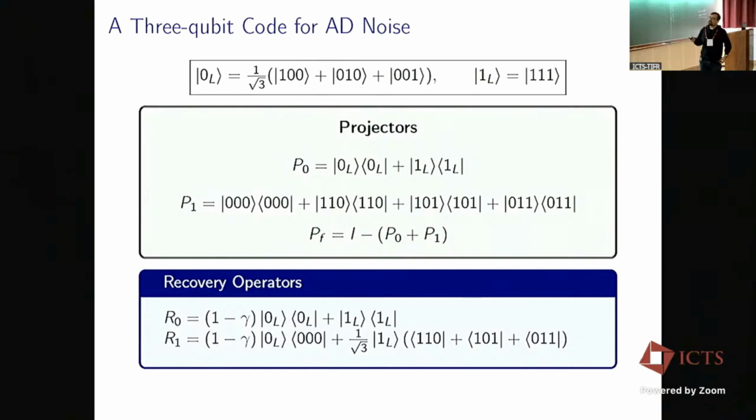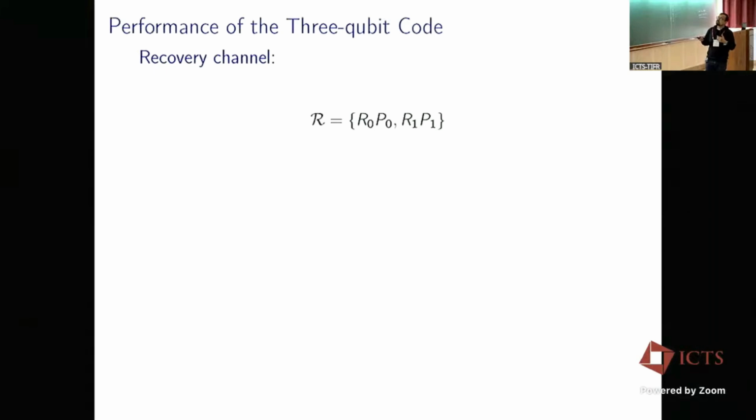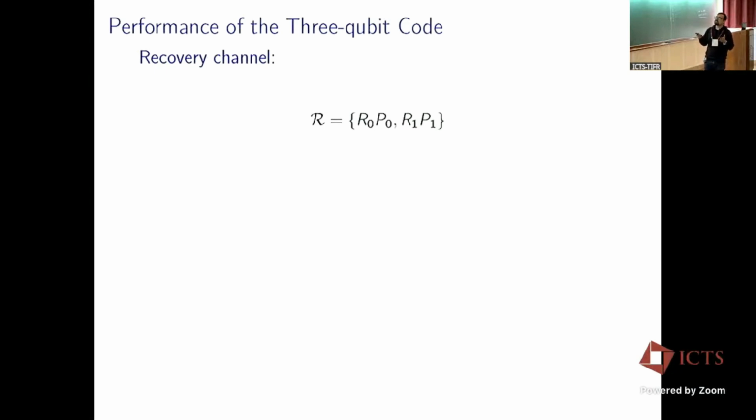If we do a projection with P0 and P1, and we get some satisfactory outcome, we can distinguish if there is zero order damping, that is no damping, or first order damping, and accordingly we apply these recoveries. So we can construct a recovery channel. This is a trace non-increasing recovery channel, R0 P0 and R1 P1.